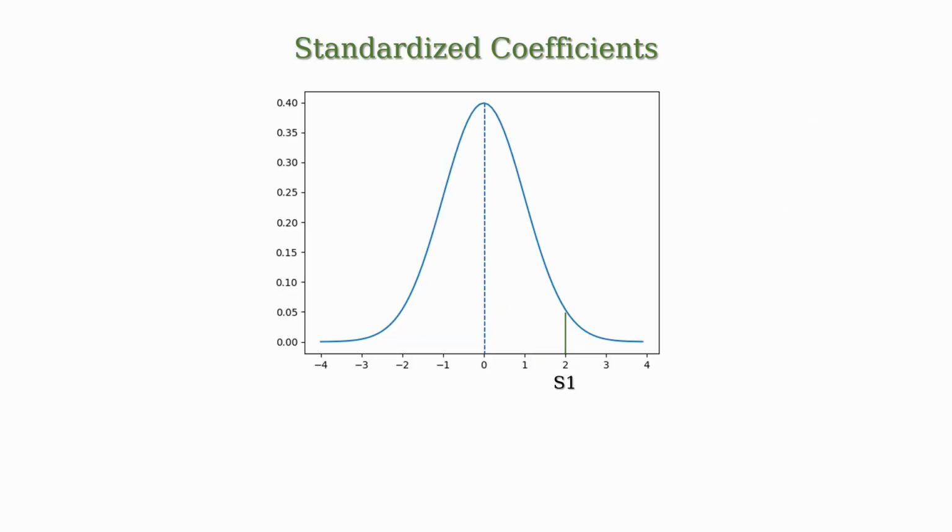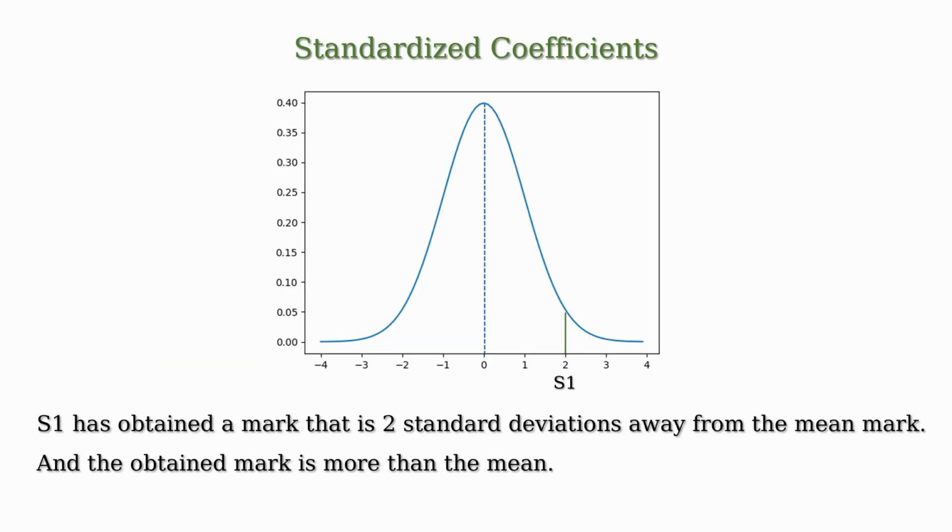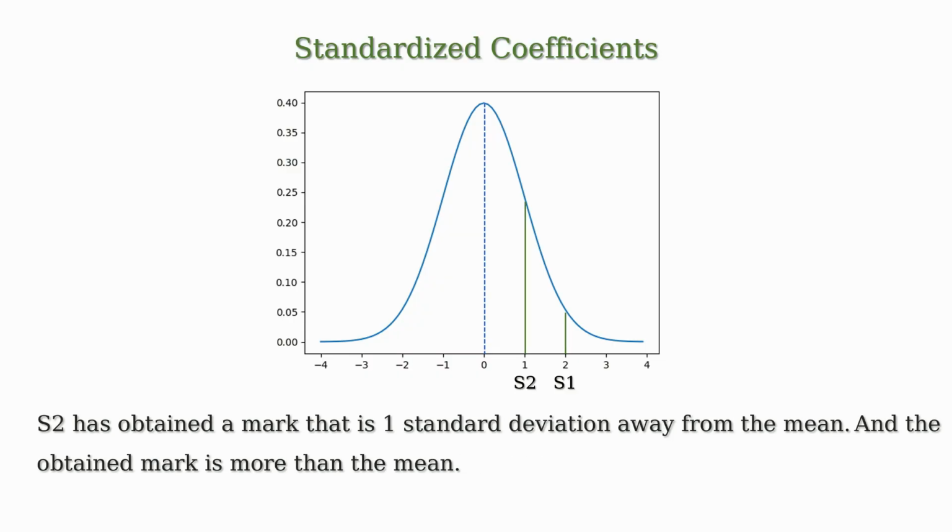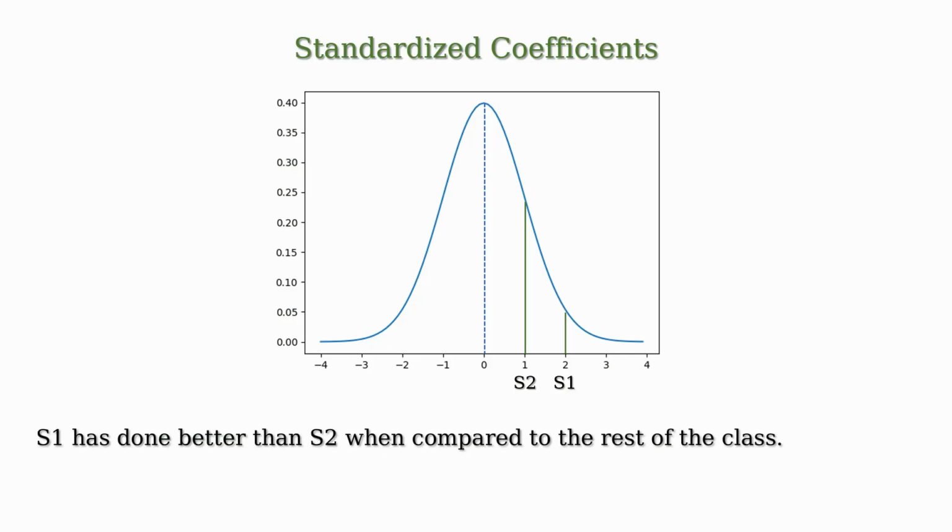So, we can say that S1 has obtained a mark that is 2 standard deviations away from the mean marks, and the obtained mark is more than the mean. And S2 has obtained a mark that is 1 standard deviation away from the mean, and the obtained mark is more than the mean. So, S1 has done better than S2 when compared to the rest of the class.